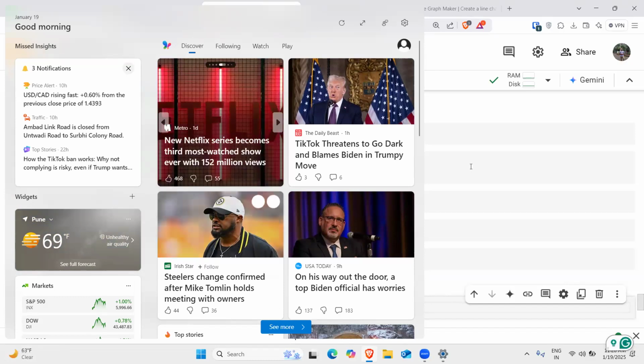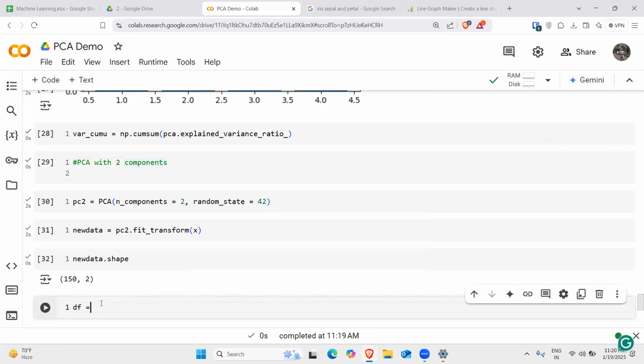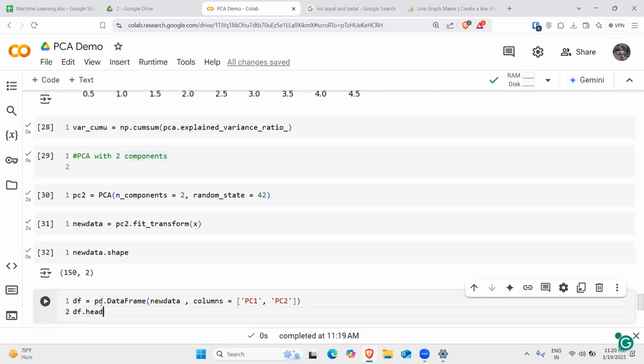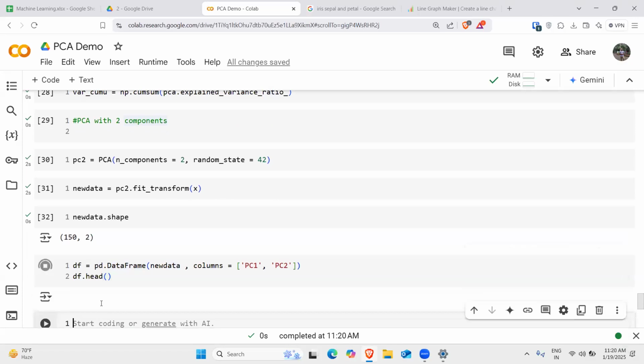And now we'll see what happens. So for the new data, my data frame df is equal to pd.DataFrame. F is capital, right? pd.DataFrame of new data and columns equal to PC1, sorry, PC1, comma PC2, and I'm going to write df.head.